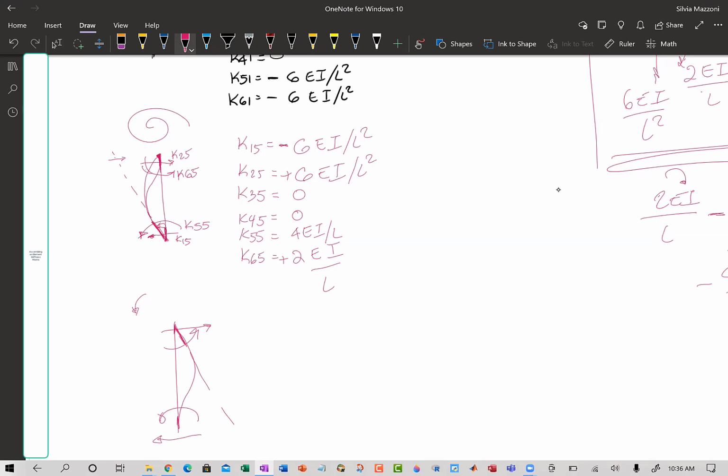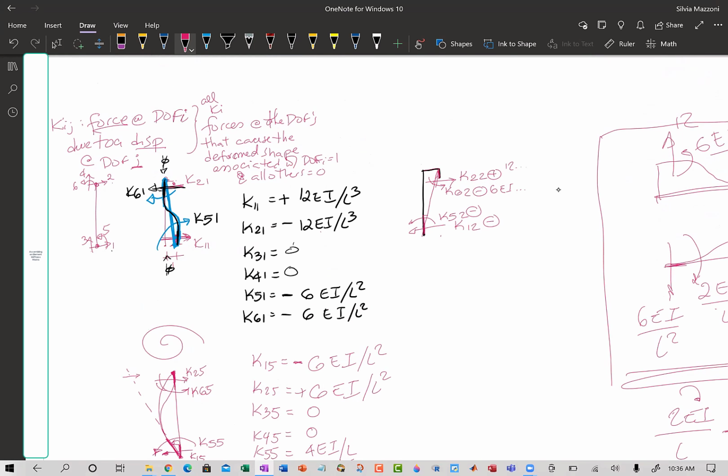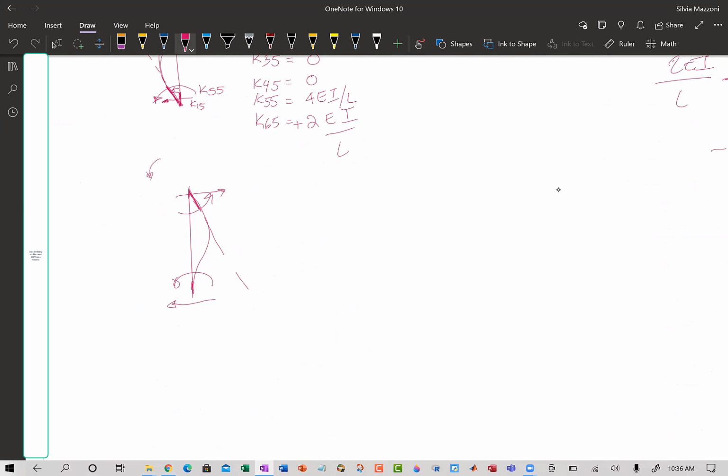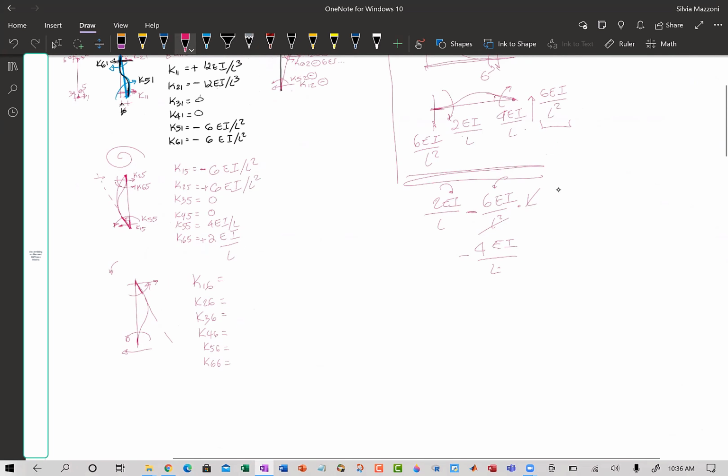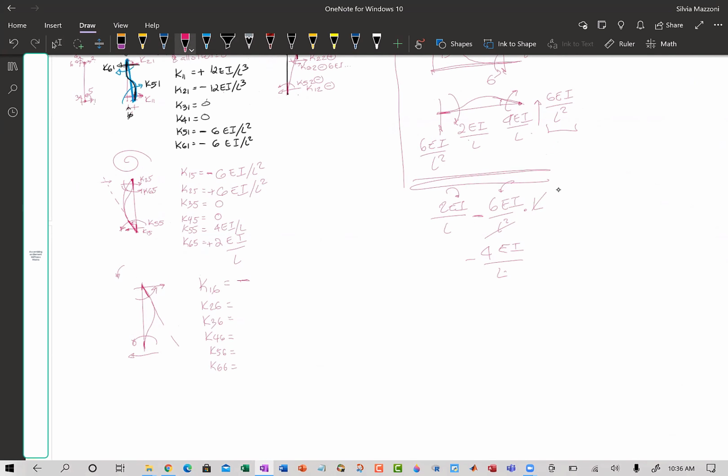So now we've got, I'm on computer. So K16, K26, 3, 4, 5, 6, 6, 6, 6. All right, so what's K16? K16 is, okay, 6, negative, and that's the opposite side.